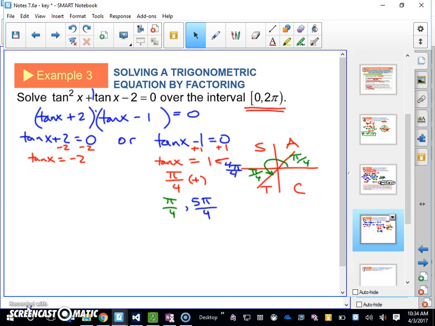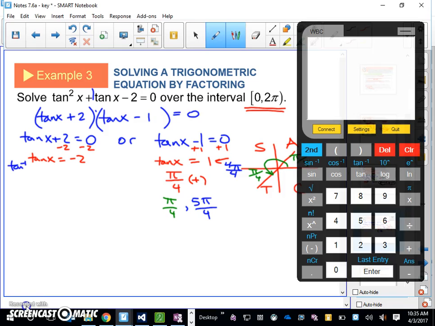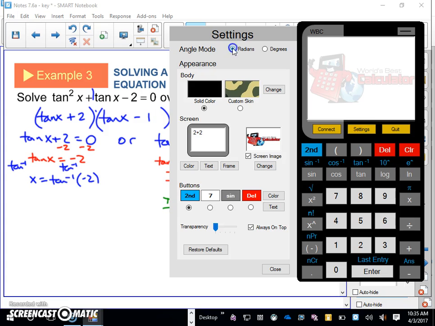So there's half the battle, 2 of your answers. Now the other equation is a little bit harder because it's not from the chart. So maybe you want to use a calculator. With our calculator, we're just going to do inverse tangent of negative 2. If I want to solve this, I know I can do an inverse tangent of both sides. So x is going to equal inverse tangent of negative 2. So let's make sure we're in radian mode.